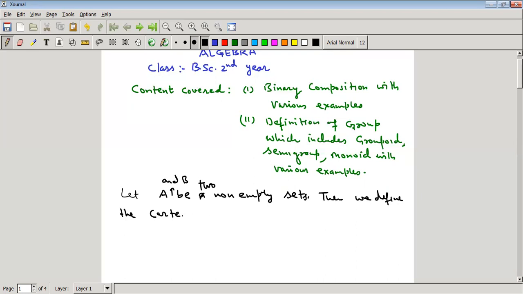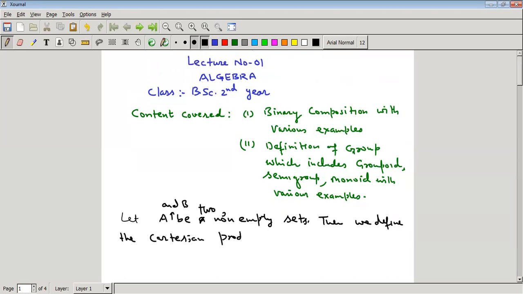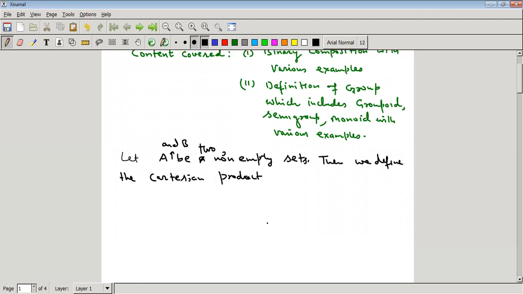Then we define the Cartesian product of A and B as A cross B, that is, ordered pairs (a, b) such that a belongs to A and b belongs to B.